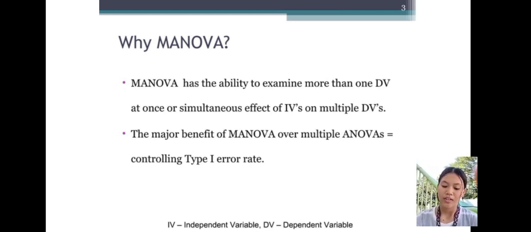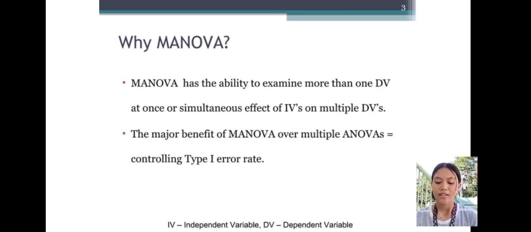Imagine you want to see how a new teaching method influences both math and reading scores. MANOVA can analyze both scores together, giving you a clear picture of the overall impact.